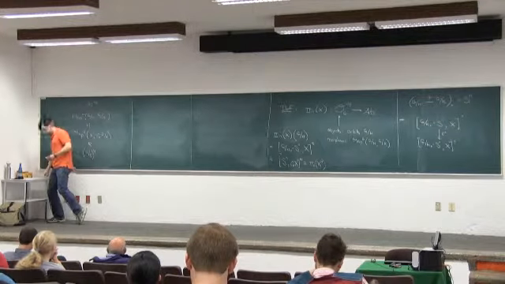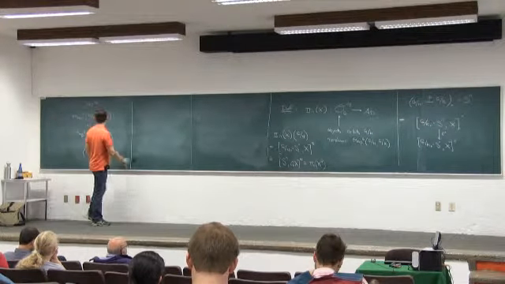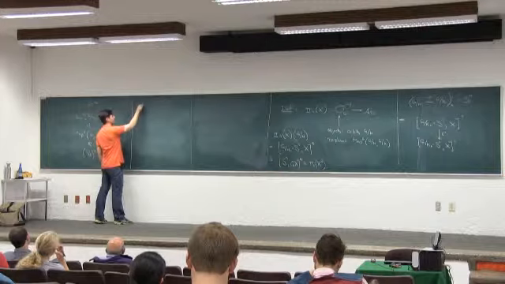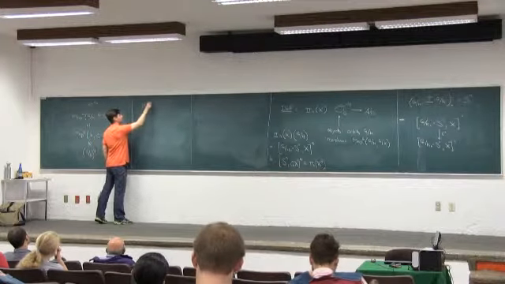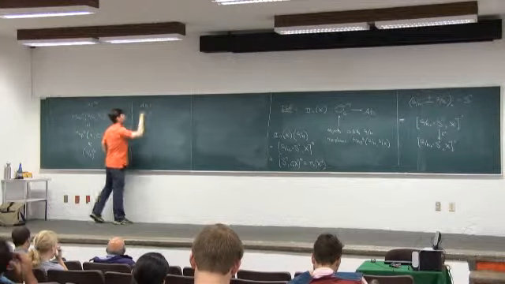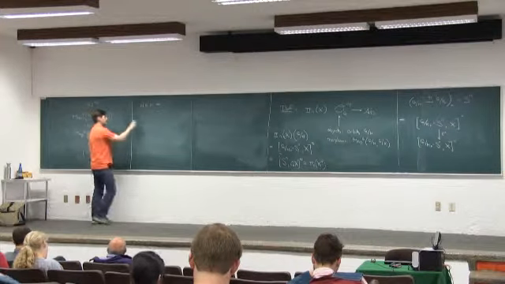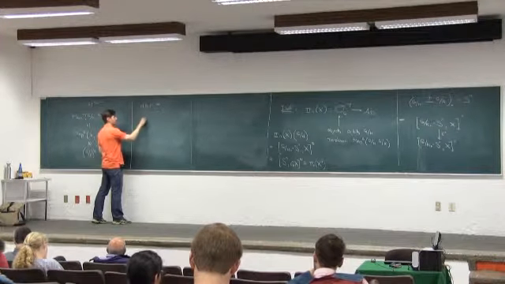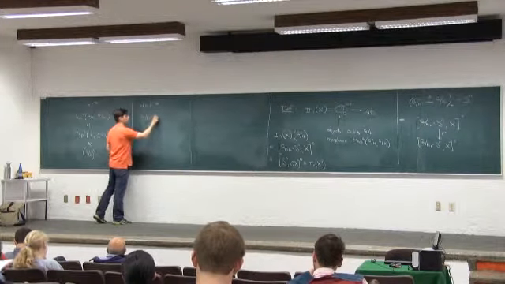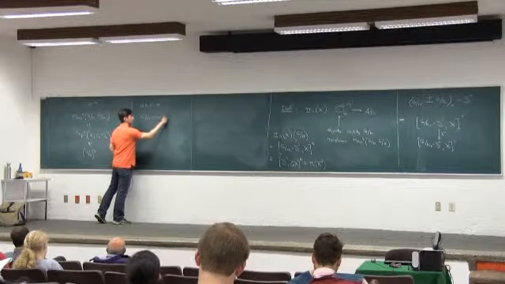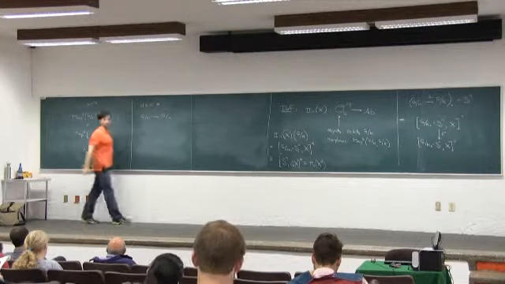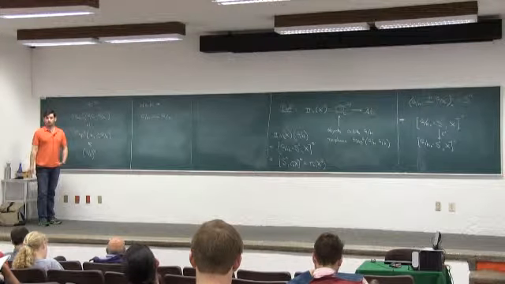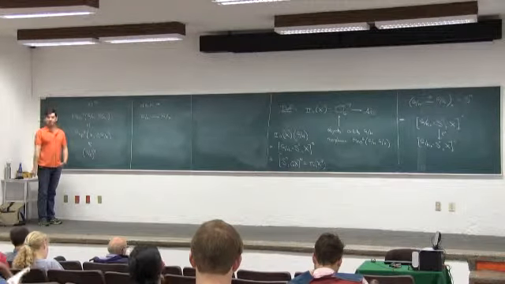So let's write down a map that works. So if H is contained in K, then I know that I have an obvious map from G mod H to G mod K. It's just the projection. It's the crush out a bigger subgroup map.